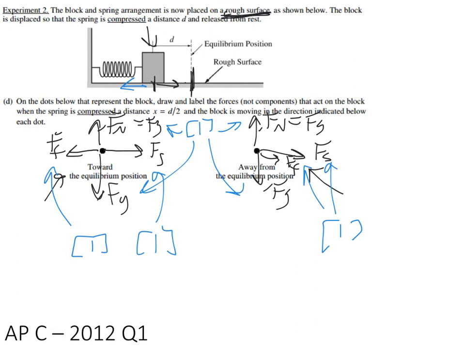So that means that you cannot do an FBD like this. The force has to be touching and originating from the object, which means that it also can't do this. So just keep that in mind. It has to start on the point and then continue forward.